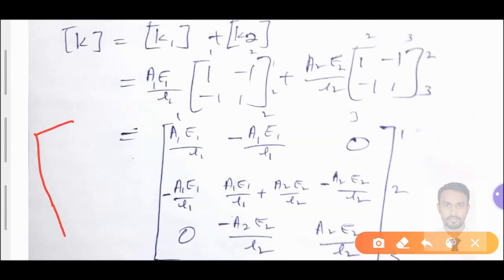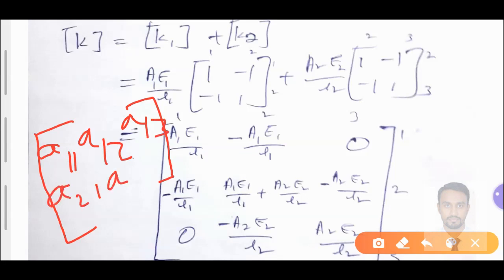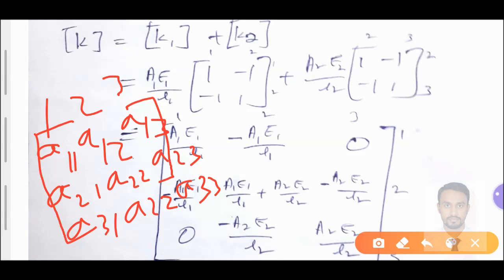How will we write that? A11, A12, A13, A21, A22, A23, A31, A32, A33. So this is 1, 2, 3 and 1, 2, 3.